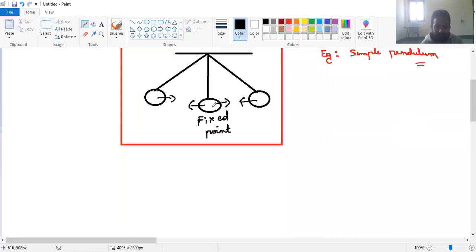This one is known as the mean position. What is the mean position?